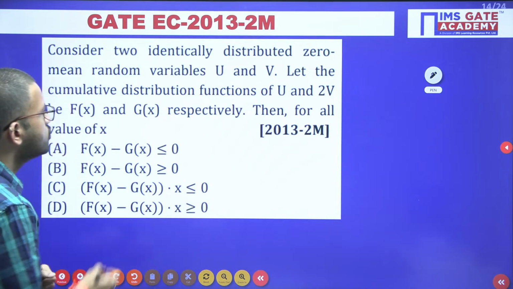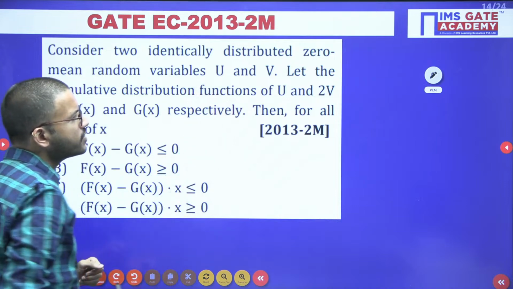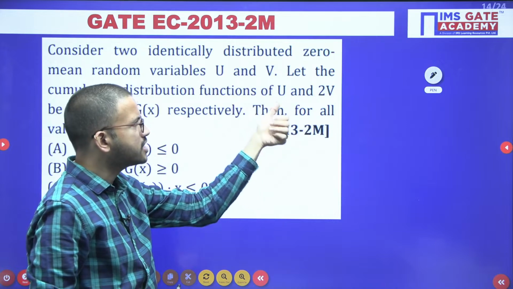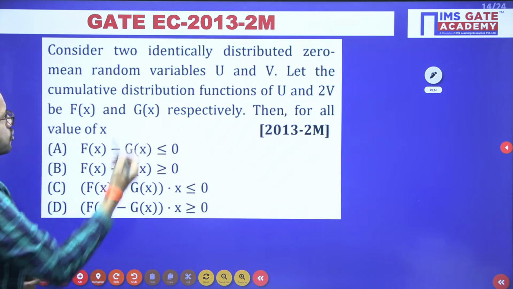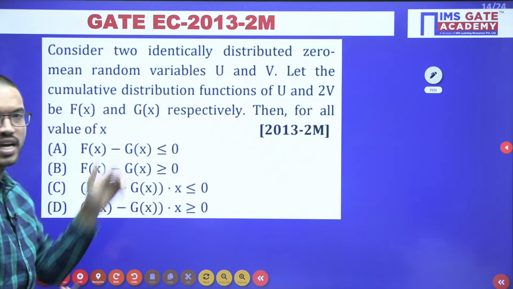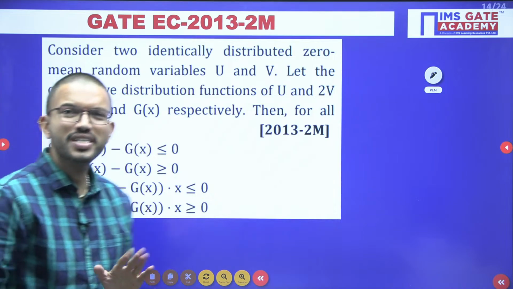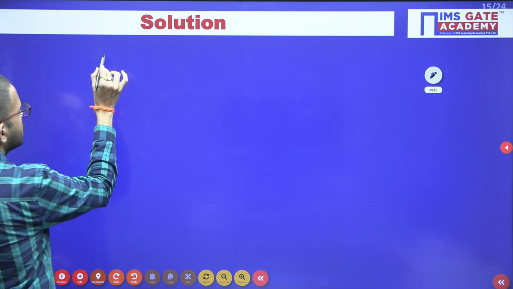So here you have two random variables U and V, but after that, instead of U and V they have considered U and 2V, and for that the corresponding cumulative distribution functions are F of x and G of x. Cumulative distribution function or probability distribution function, all are the same.